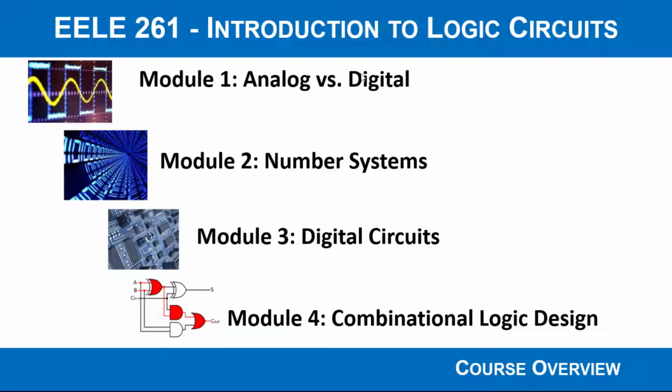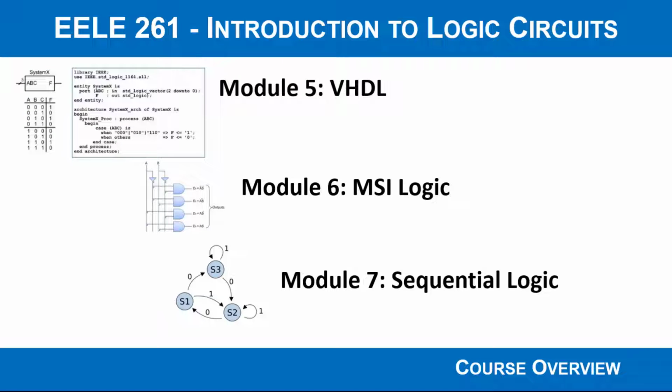Then what we do is we move into Module 5, which is where now that we know how to design a logic circuit, we kind of take a different direction and we start learning about a hardware description language. So it turns out that while we learn about how to design logic circuits on pen and paper and we actually can breadboard them and wire them, logic circuits get really big really fast. And so it becomes impractical to be able to model a modern digital system on paper using schematics.